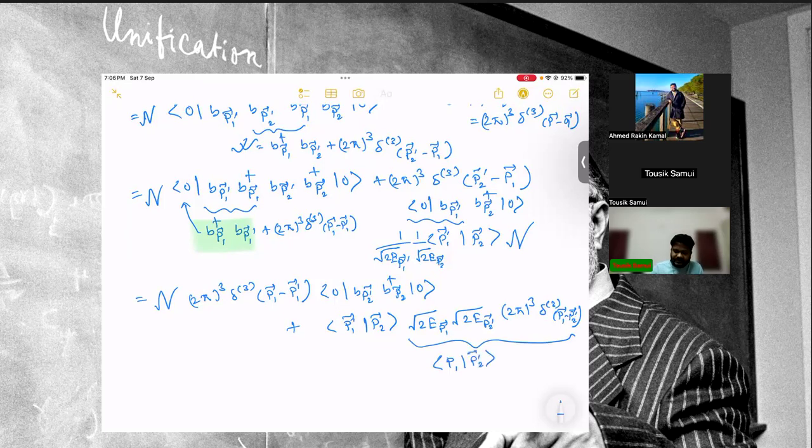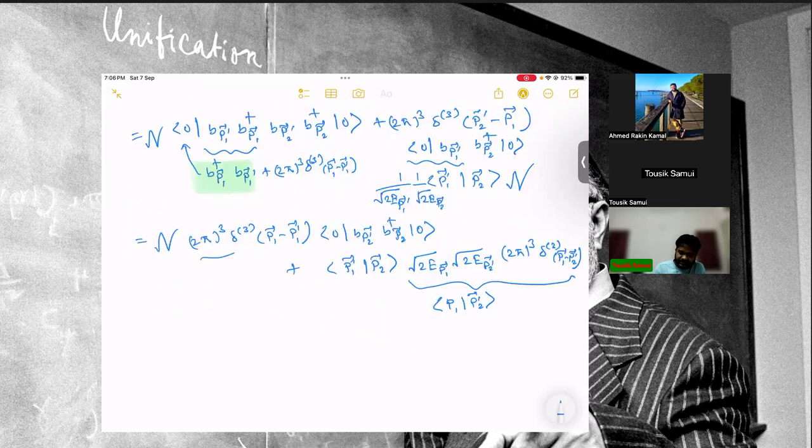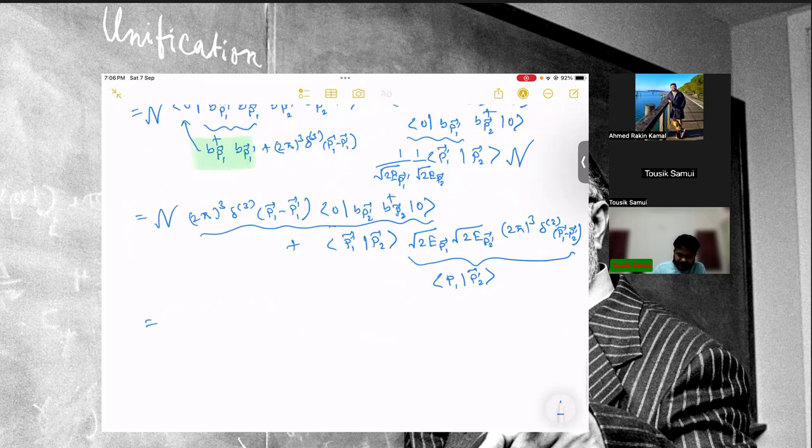And in a similar way, the first term can also be written in terms of this, and then the final expression boils down to P1 prime, and the second term P2 prime.